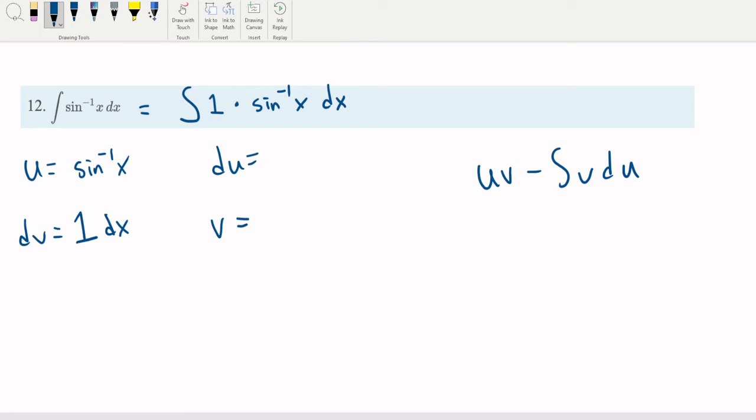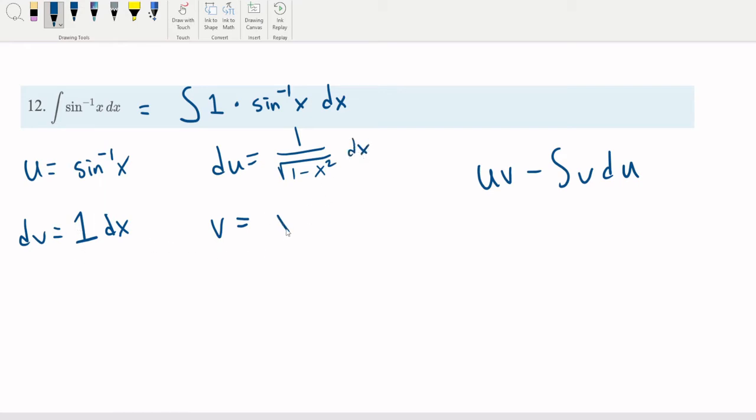So if we dig deep into our toolbox, we can remember that this is 1 over the square root of 1 minus x squared. All right, so again, maybe we had to dig kind of deep into our toolbox there, but we've got it. So then, okay, what's the antiderivative of 1?